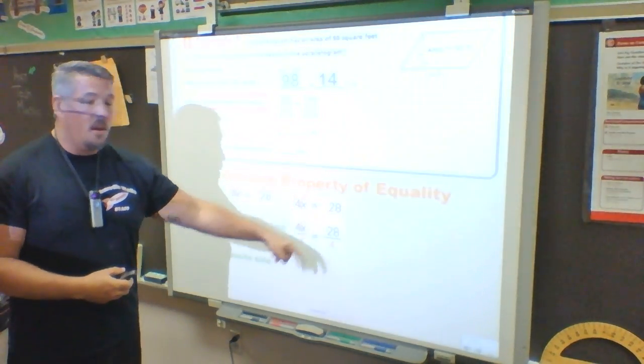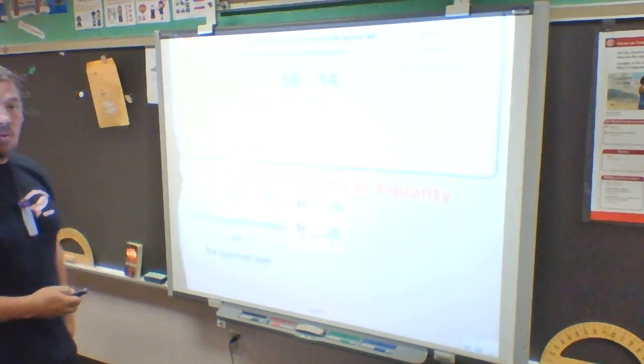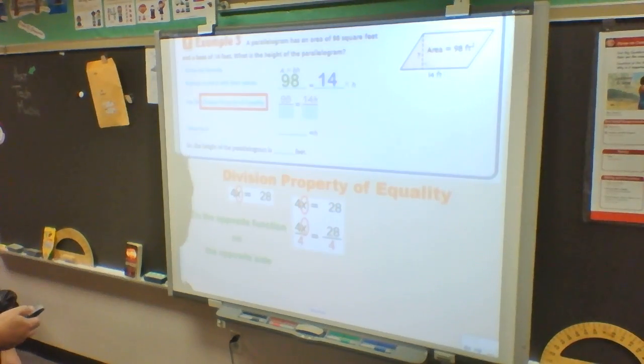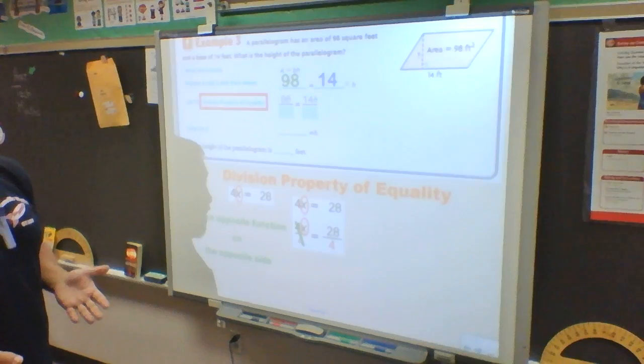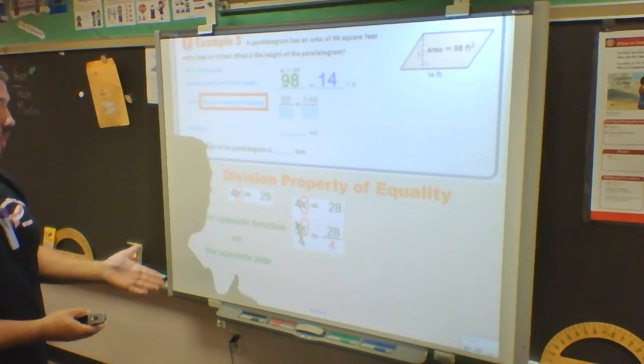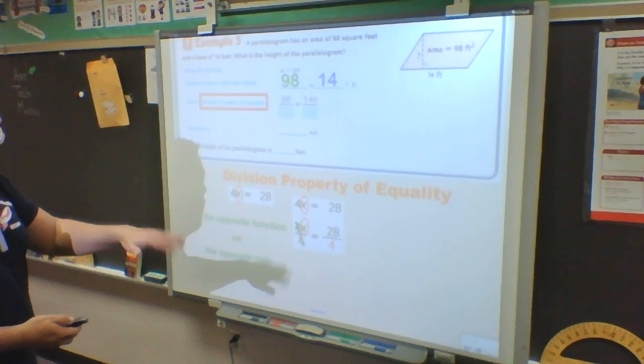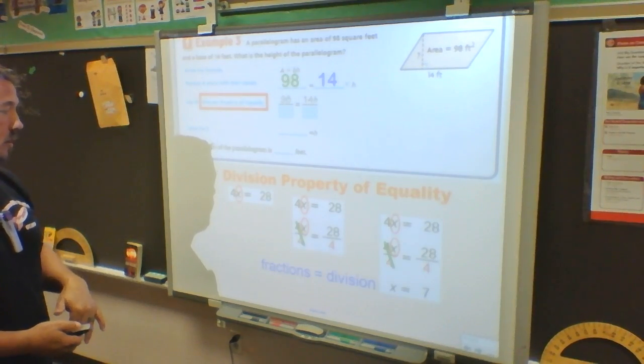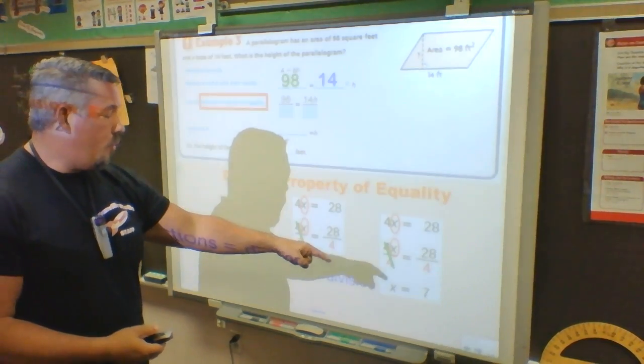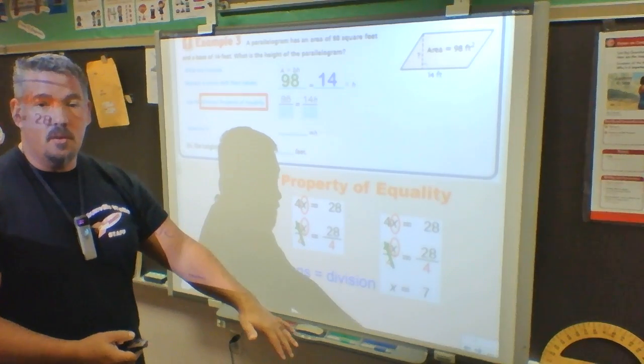So I'm showing over here, I'm dividing by 4 and dividing by 4. And once I've divided by 4 on the left, what's that give me? 4 divided by 4 is 1. So now I'm left with x is equal to 28 divided by 4. And when I have 28 divided by 4, I know that x is equal to 7.